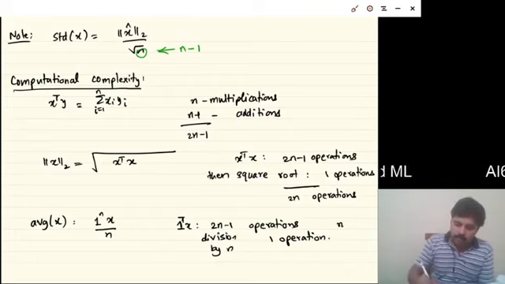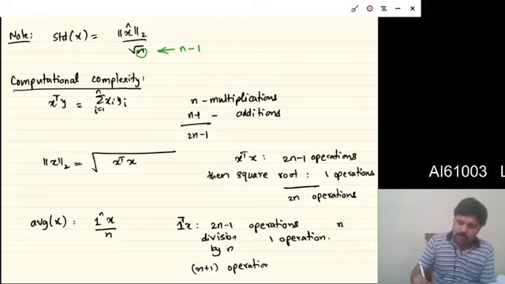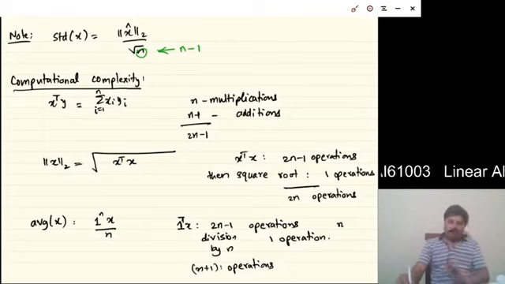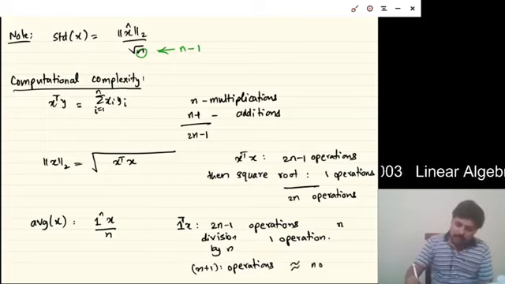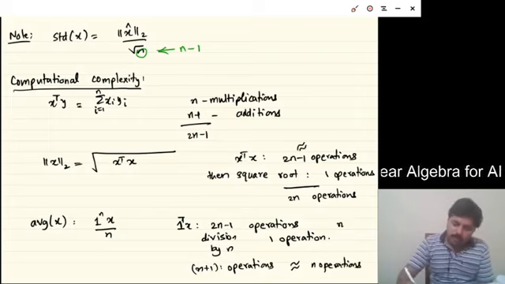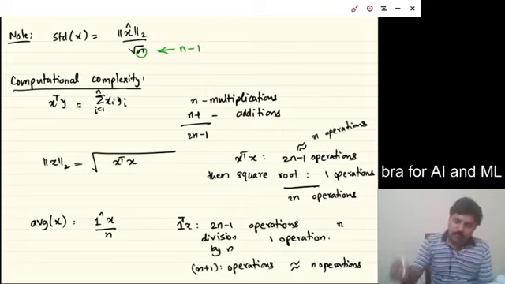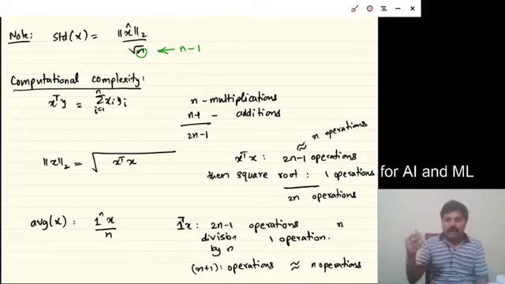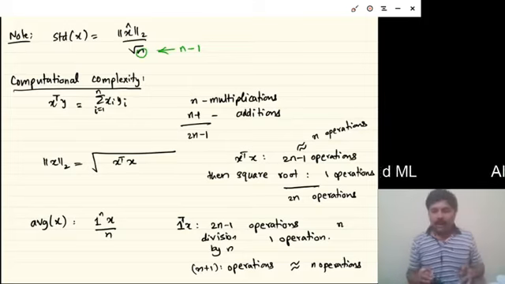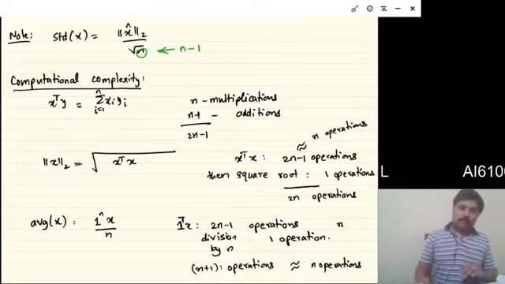So the total number of operations is n plus 1. If I want to do some approximation later, I will not worry about the plus 1 and will just say roughly n operations. Here also x transpose x, I will say roughly n operations, since n minus 1 is roughly n for n very large. If n is 100, then 200 minus 1, 199, and 200 doesn't make much difference to me. That's what I'm saying.